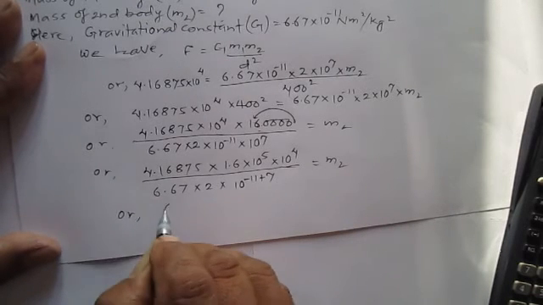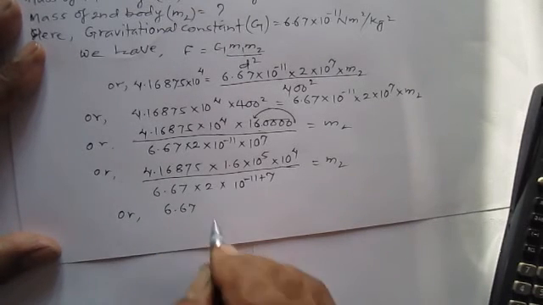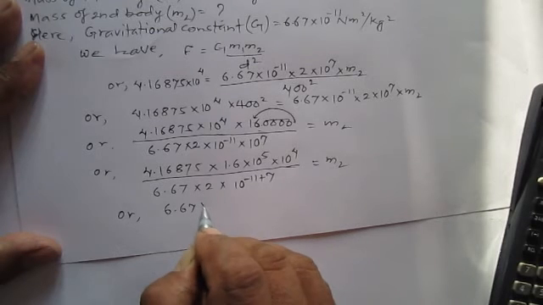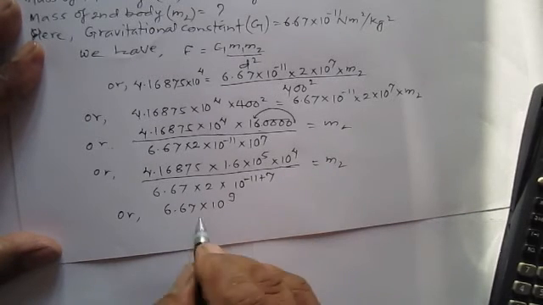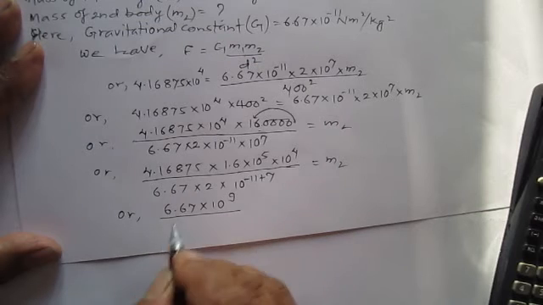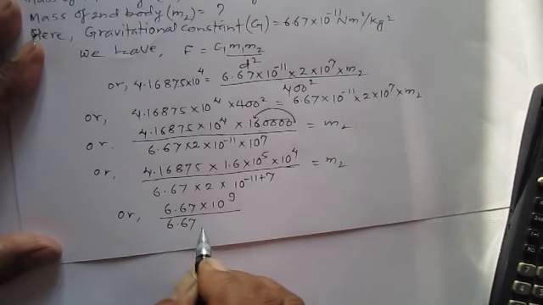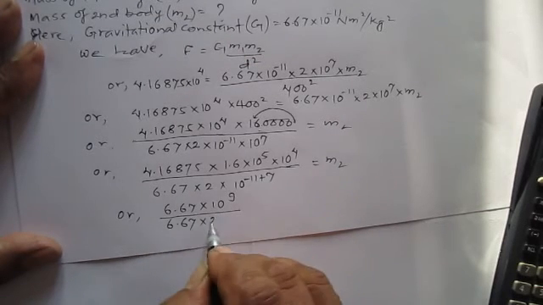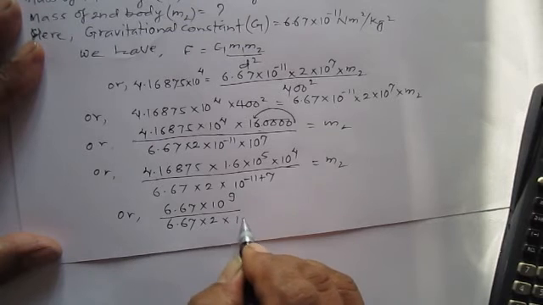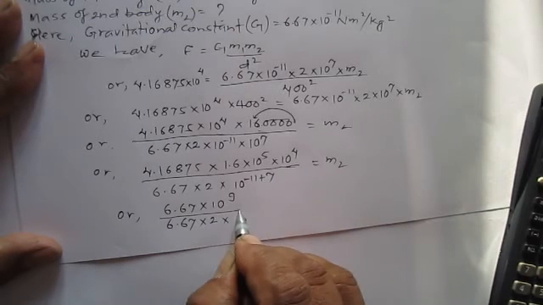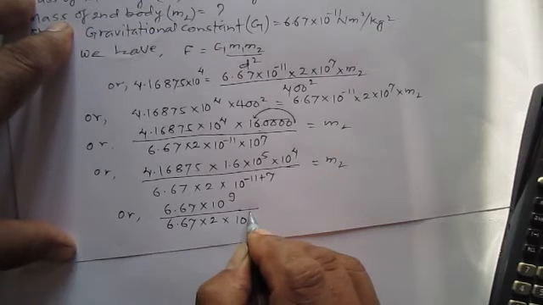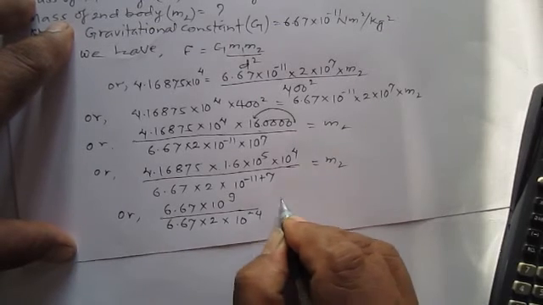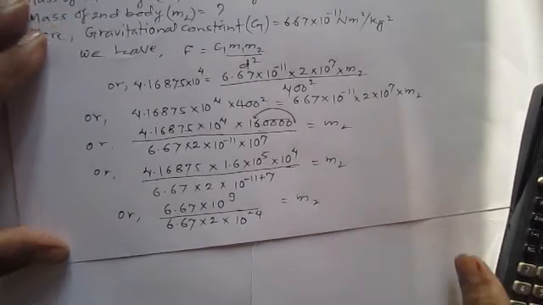That's why I am writing 6.67 into 10 to the power 5 plus 4 becomes 10 to the power 9. And here 6.67 into 2 into 10 to the power minus 11 and 7, 8, 9, 10, 11. Here we have minus 4. This is equal to M2.